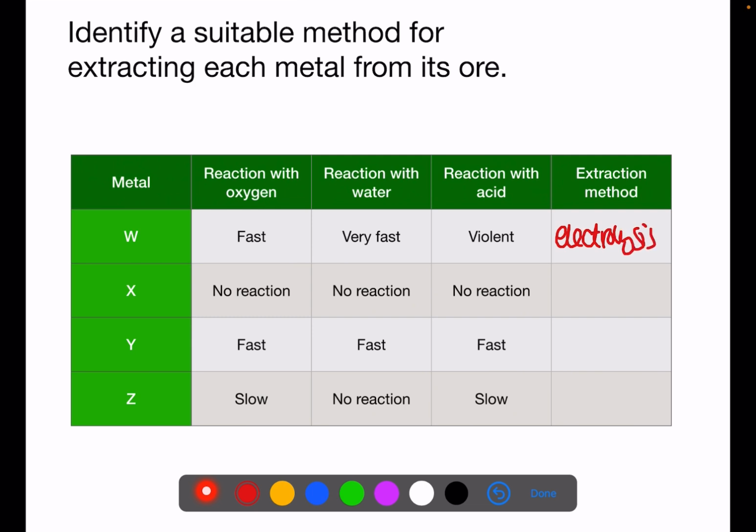X didn't seem to react with anything, so you could probably just heat up an ore with X and be able to extract it. Y had fast reactions, so you would either need to heat with carbon or electrolysis. We don't really have enough information here to say which. And then Z had some slow reactions. Heating with carbon is probably the best here.